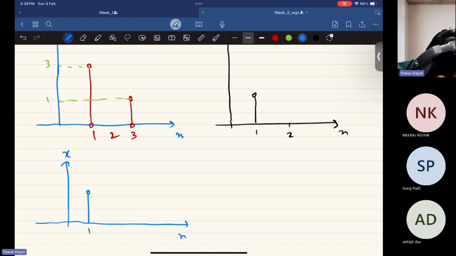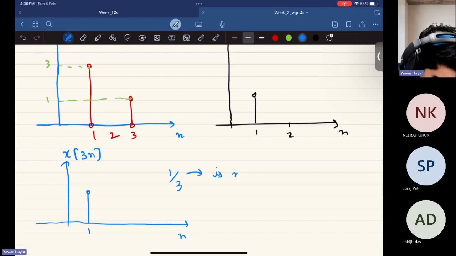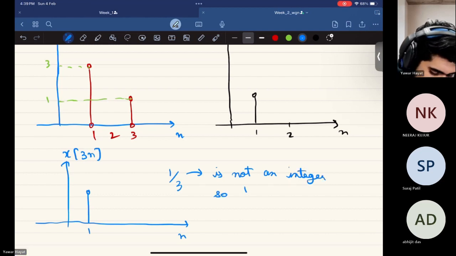This is x of 3n. 1 by 3 is not an integer. So that sample is lost.